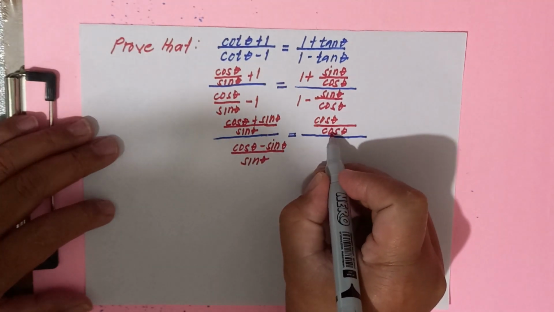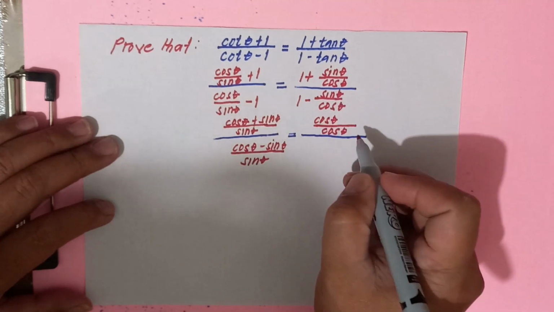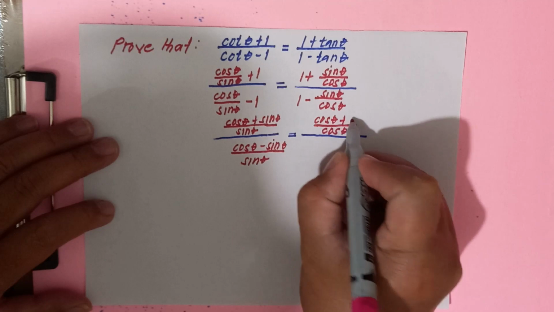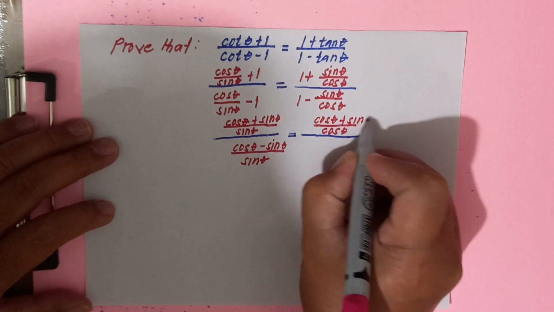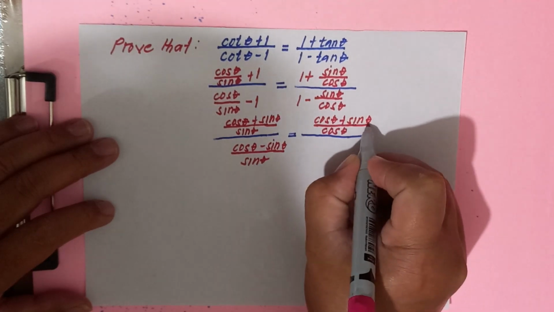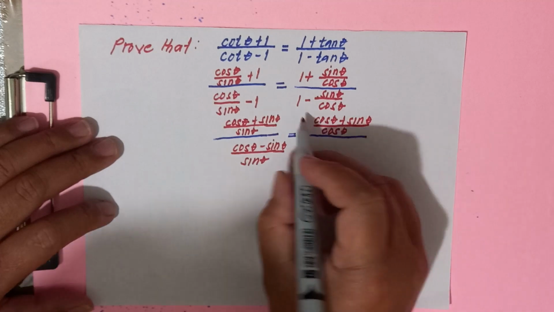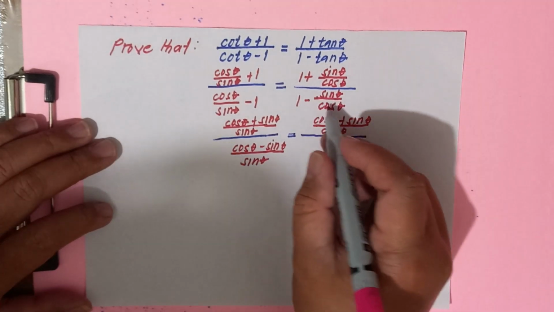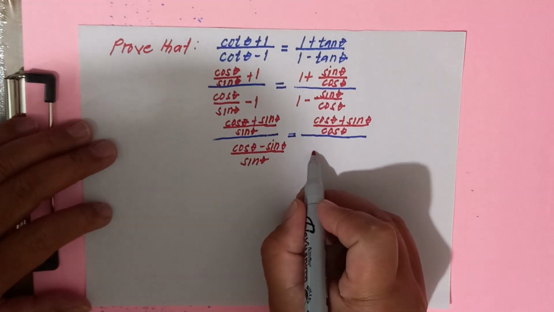In here, cosine theta divided by cosine theta, it will give you 1 multiplied by sine theta. That is plus sine theta. Now, do it also the same process in the denominator in here. So, what is the LCD?